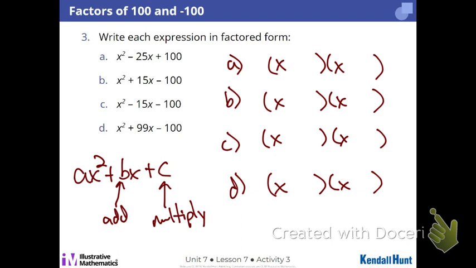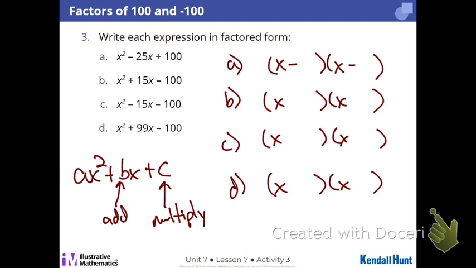If it's going to equal a positive 100, but add to be negative, I only have two options, plus plus or minus minus. Which one does it have to be? It has to be minus minus because it multiplies to be positive, adds to be negative. The only way to get positive is positive times positive or negative times negative.